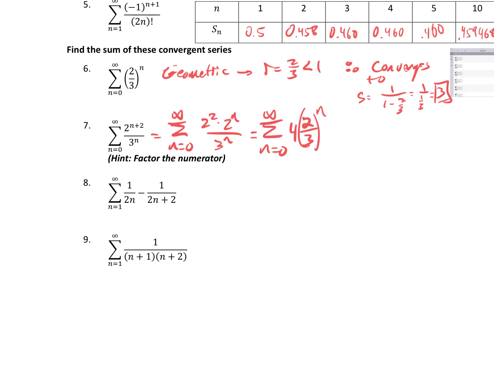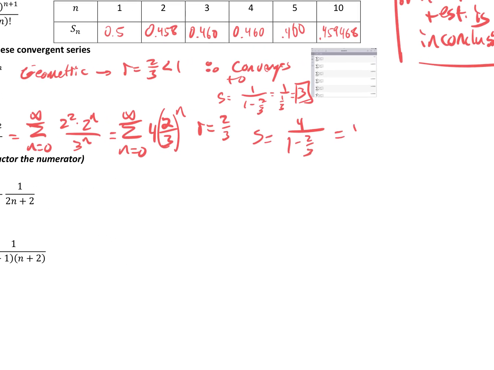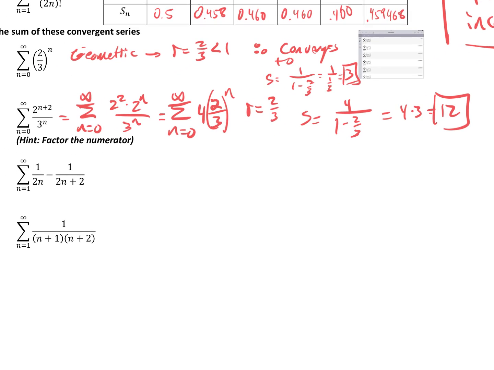And now notice that we've got the same ratio here. So it's geometric. So the ratio is 2/3. And the sum, in this case, is going to be 4, because the a value is 4, over 1 minus 2/3, which will be 4 times 3, which will be 12. Okay, see how that works?